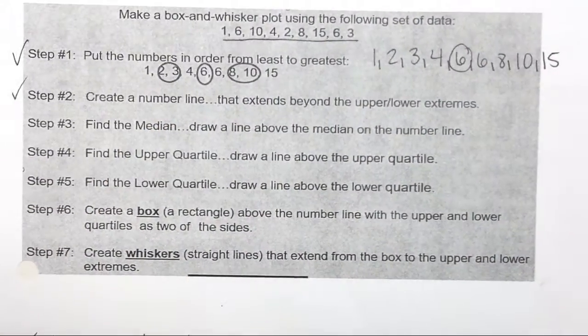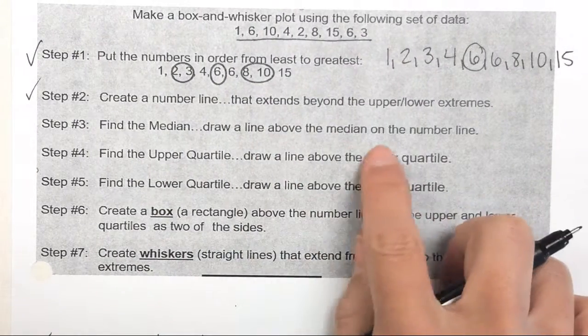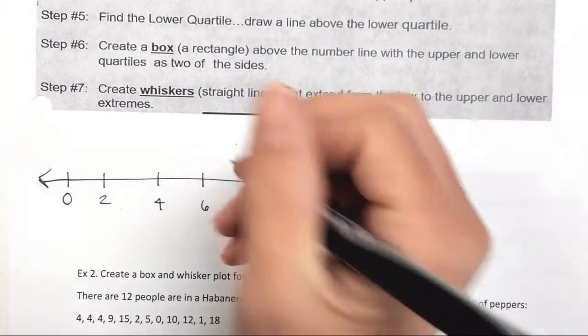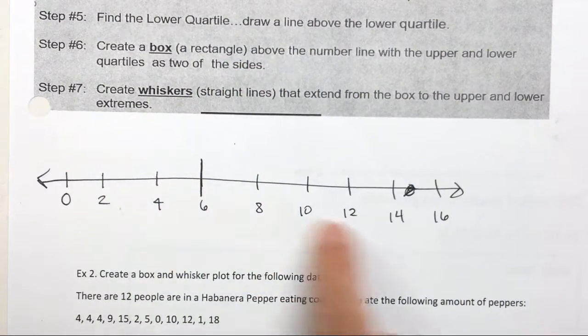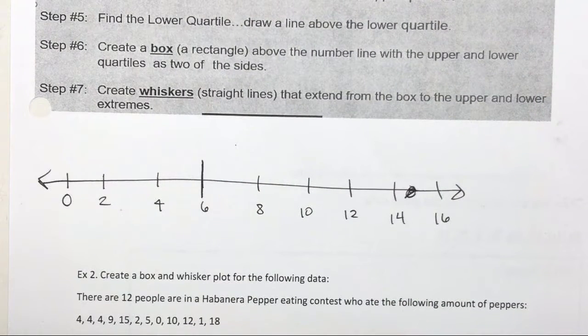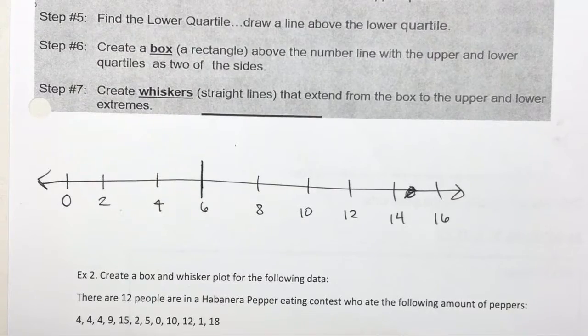That's our median. And then it says draw a line above the median on the number line. So at 6 on the number line, I want you to draw a line straight up and down like that, longer than the rest of them. Alright, so we've done step 3.